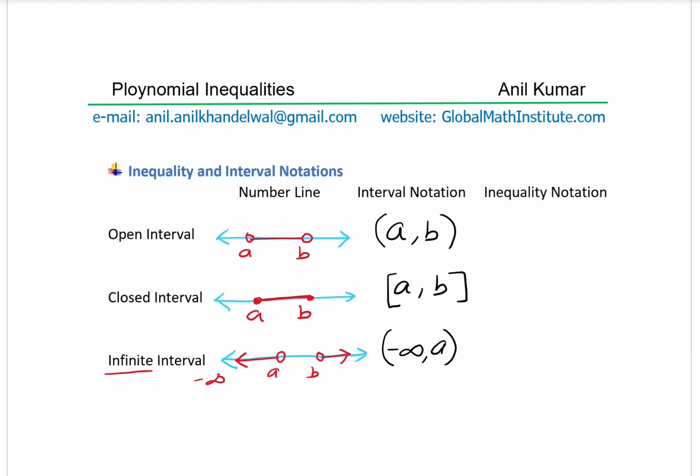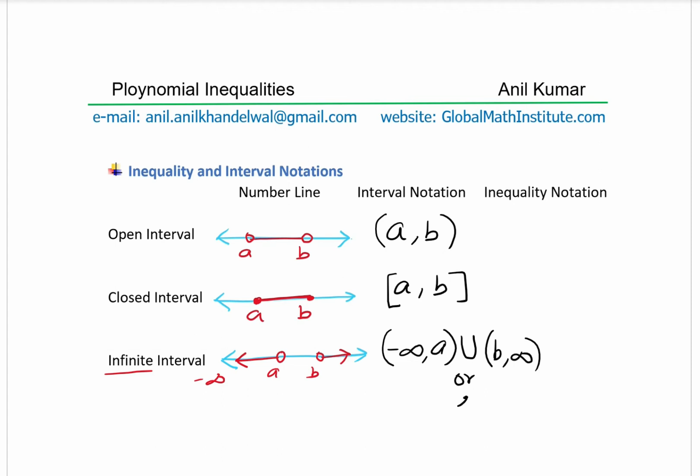Now here is an open space in between also, and we are looking into connecting two portions. We use the word union, or we could write or we could even write a comma there. And then from B, which is not included in this case, to infinity. So that is how we are going to represent on interval notation.